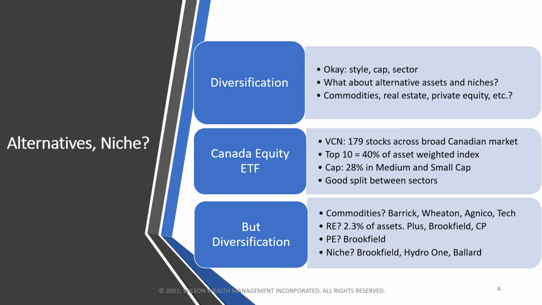Now we'll move north of the border to Canadian equities. We have Vanguard's VCN. It's an ETF that holds 179 different companies across the broad Canadian market spectrum. Again, we see that it's asset weighted. Its top 10 holdings are 40% of the fund.